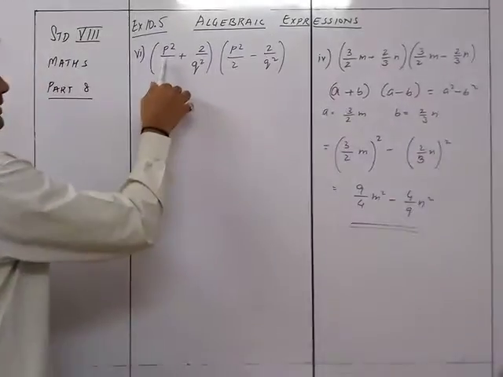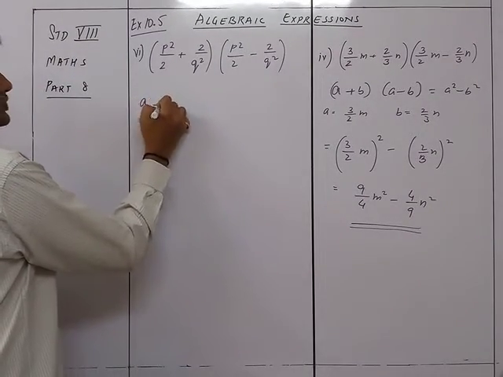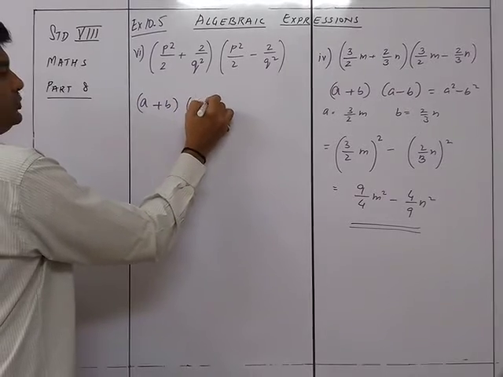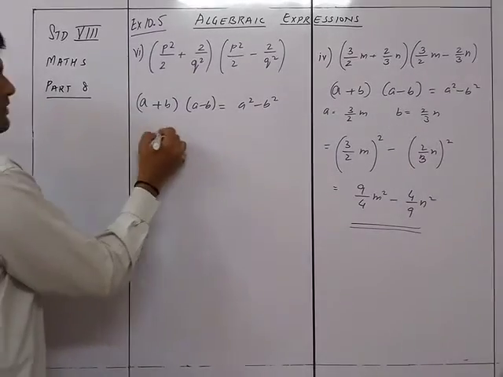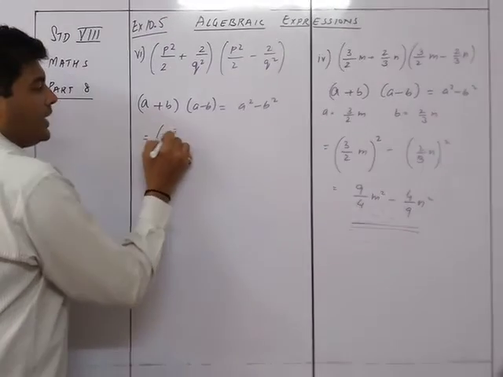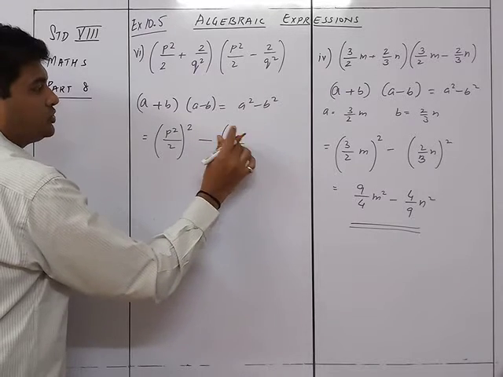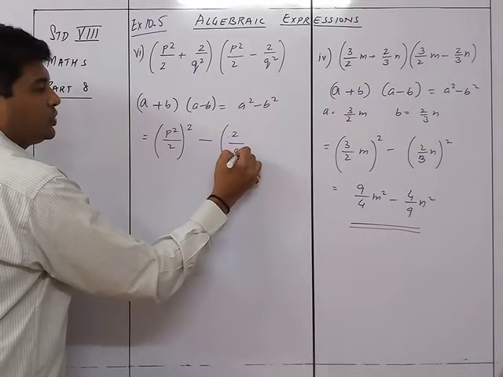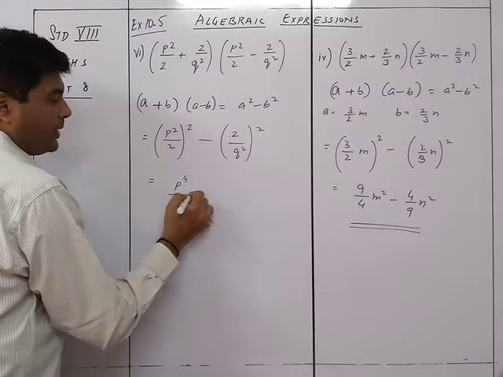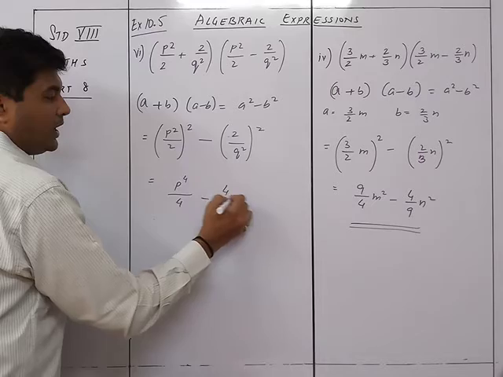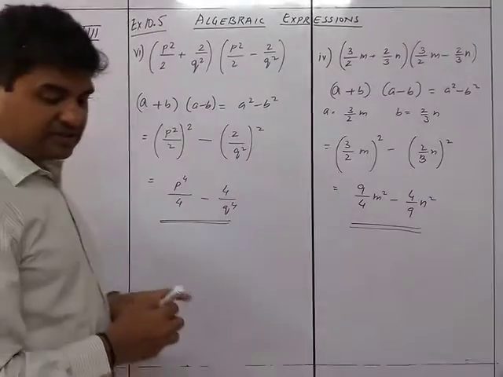Again, this is nothing but a plus b, a minus b. So we have the formula a plus b into a minus b is equal to a square minus b square. Accordingly we have p square upon 2 the whole square minus 2 upon q square the whole square. So the answer will be p raised to 4 upon 4 minus 4 upon q raised to 4. That's the answer for sum number 6.